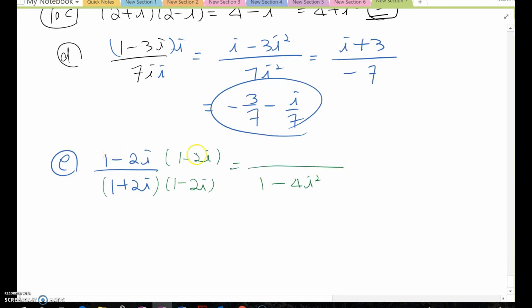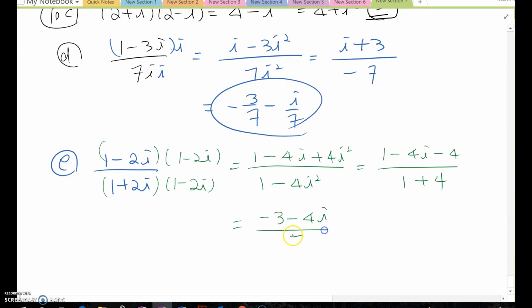The top you need to distribute, then 1 minus 4i plus 4i squared, which means 1 minus 4i minus 4 over 1 plus 4. Therefore, it becomes negative 3 minus 4i over 5, or negative 3 over 5 minus 4 over 5 i. Okay?